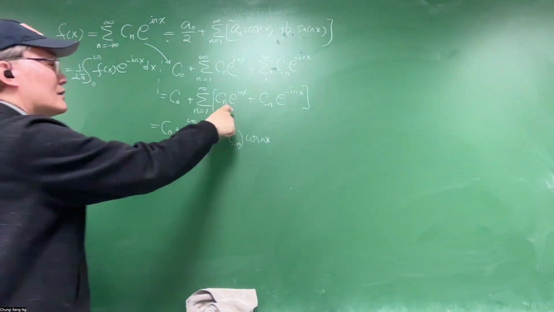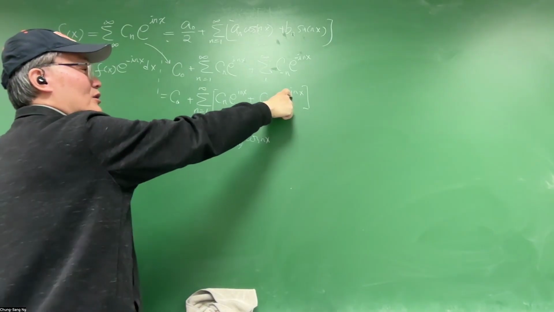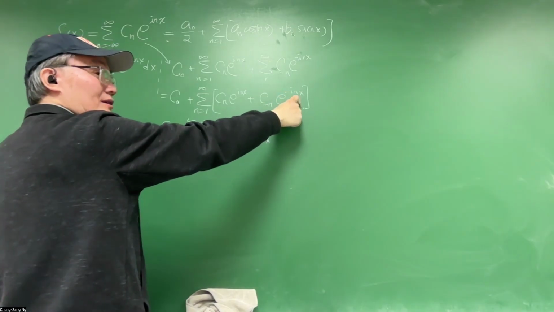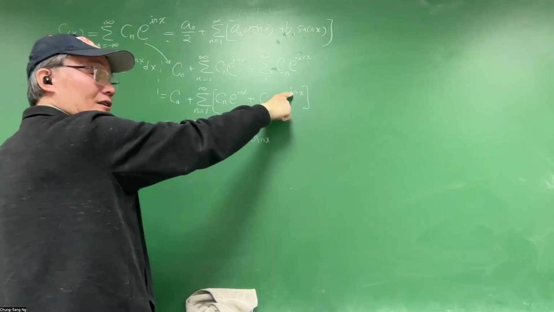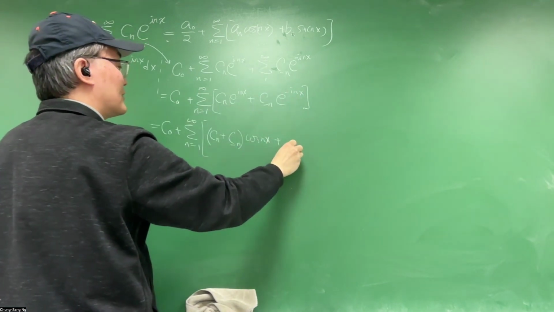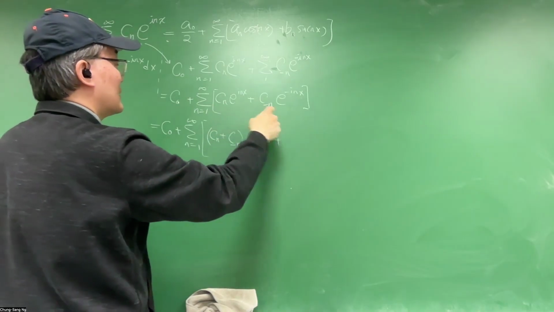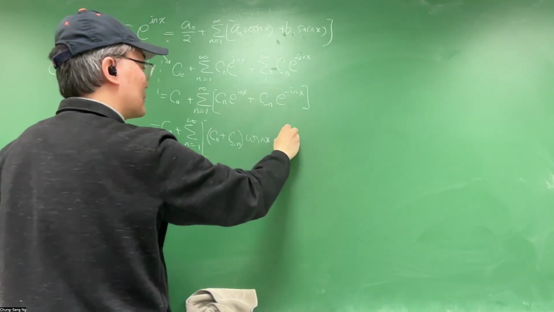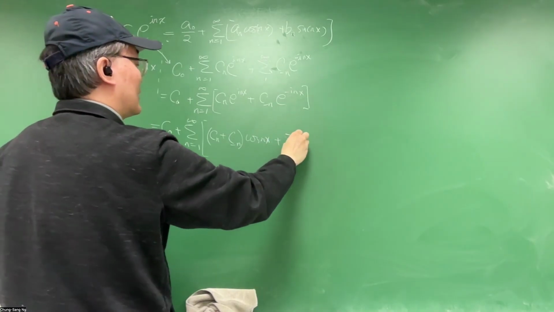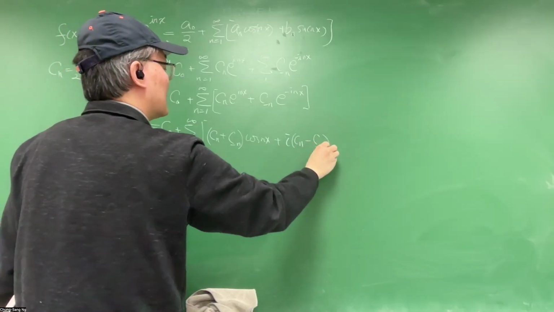And the sine term here has a negative sign because of the exponential minus i n x, so cosine n x plus i sine n x, and minus i sine n x because of the minus sign. Both have the i because you have i sine. So we have i times C sub n minus C sub minus n.